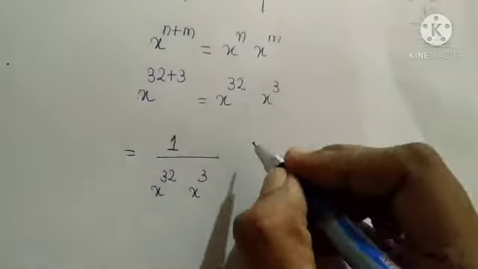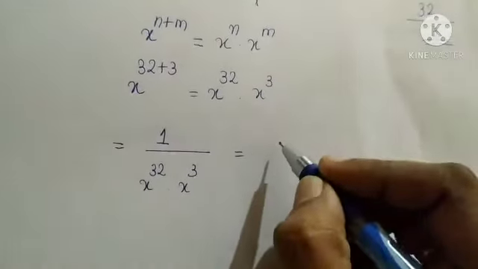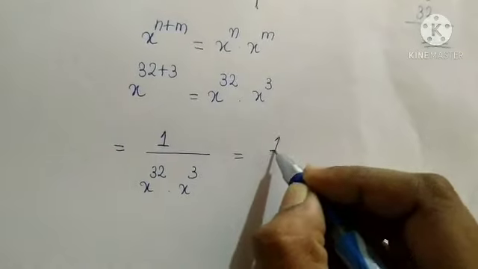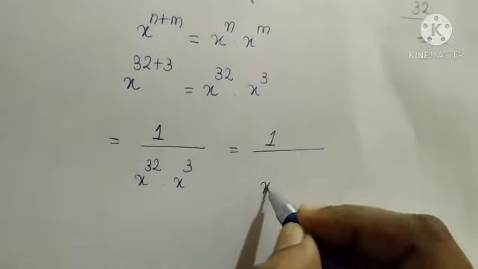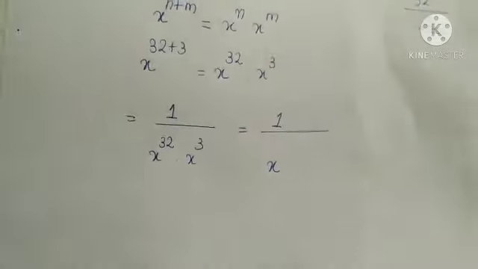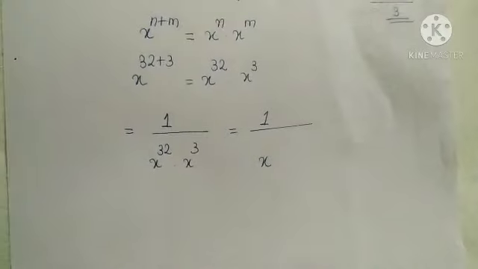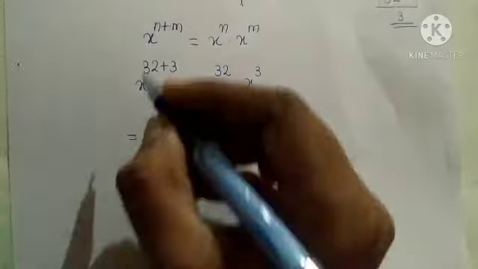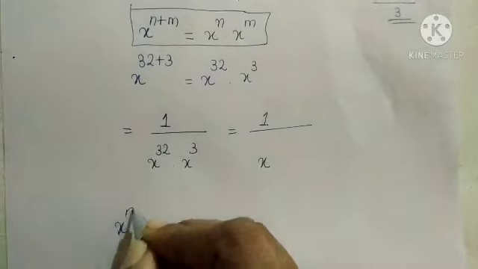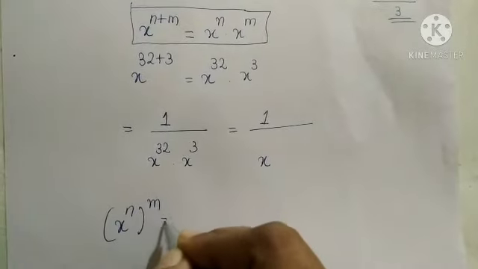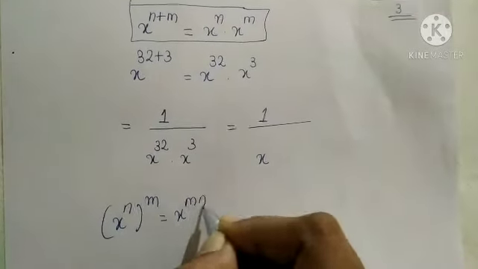Okay, and which will further equal to 1 divided by x raised to, and I am again using a law of exponent here, x raised to n whole raised to m equal to x raised to mn.